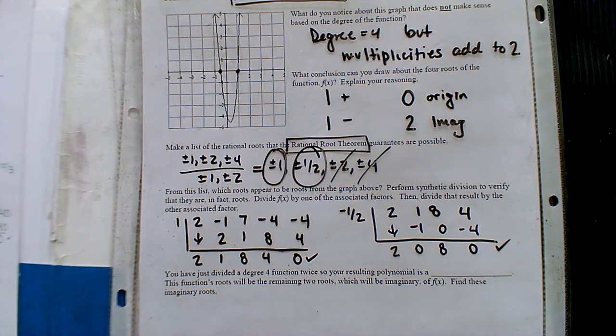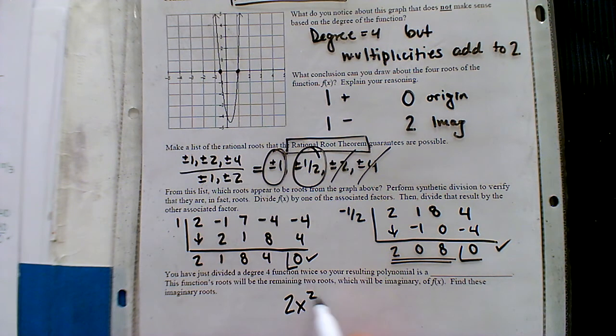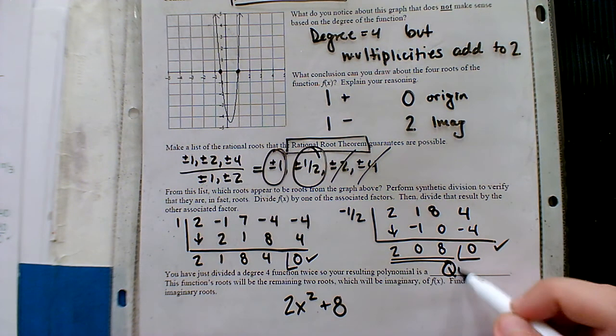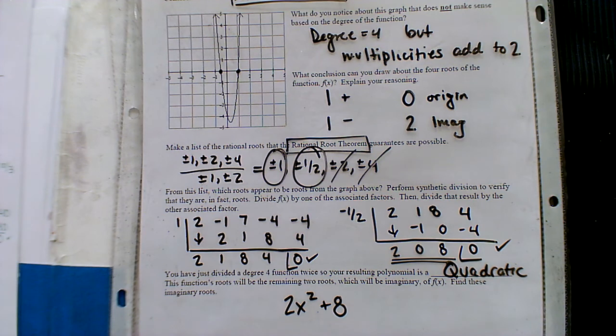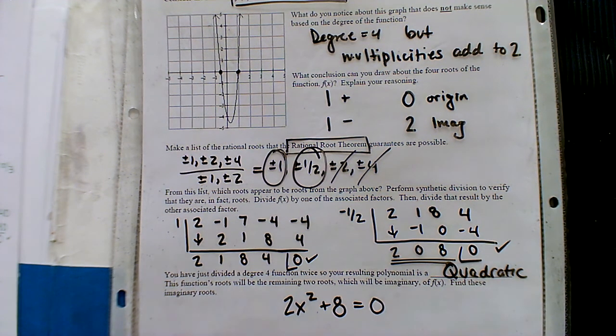So can we think about, if we were to put the x's back into this final quotient piece, what the polynomial should be? We started with a quartic and we divided twice. Yeah. 2x squared plus 8. There we go. 2x squared plus 8. So that would be a quadratic function. And if this is a quotient, because the remainder was 0 previously, we should anticipate that to go in evenly as well. So we'll set it equal to 0.